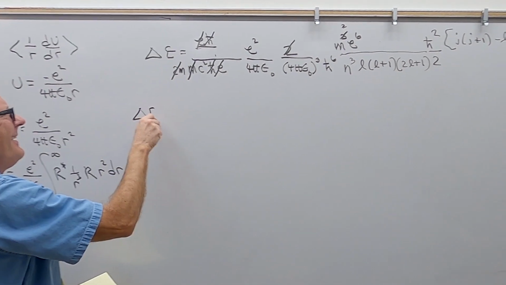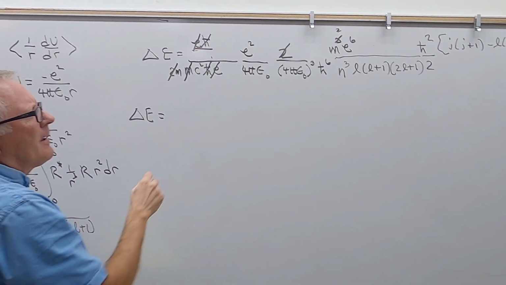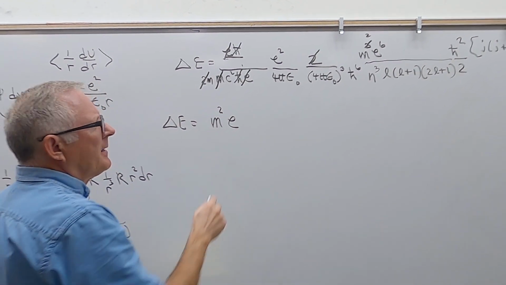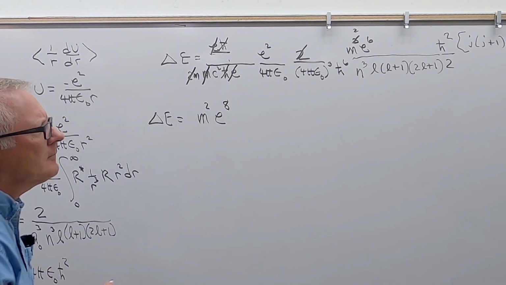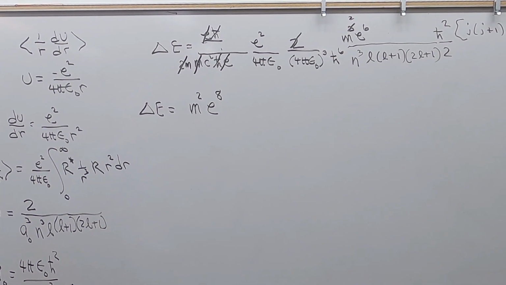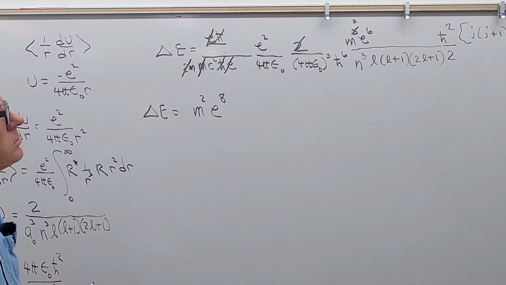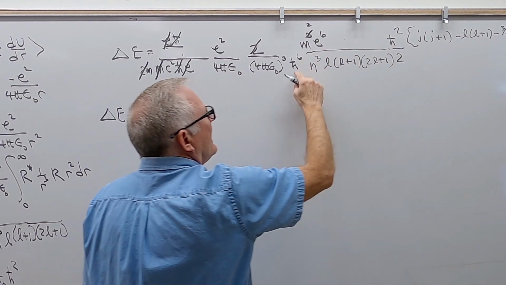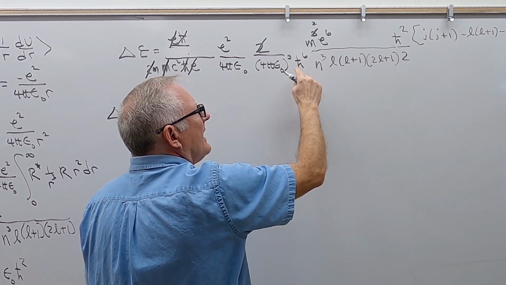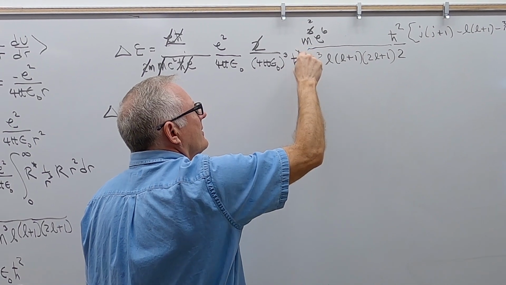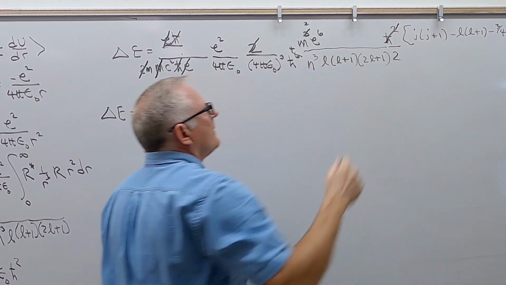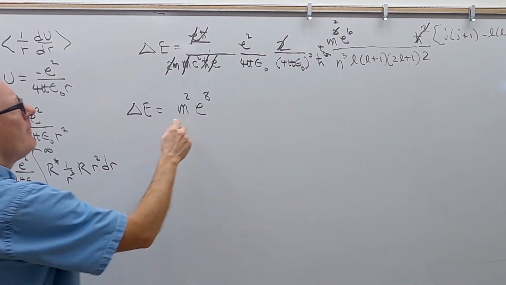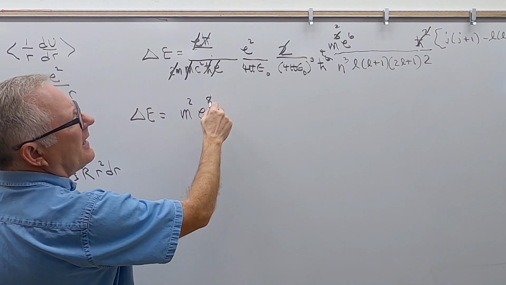Delta E is equal to m squared e to the 8th power. Also, we have an h bar squared and h bar to the 6th, so that just means an h bar to the 4th down here. So there's just a 4, and that's gone too. So that's the entire numerator, m squared e to the 8th.